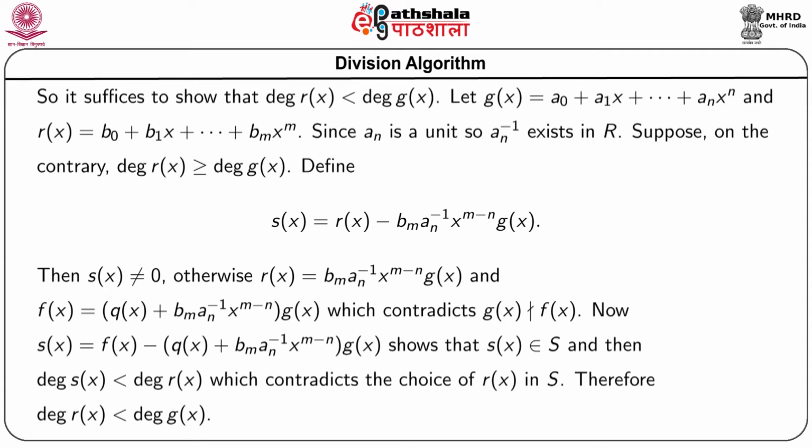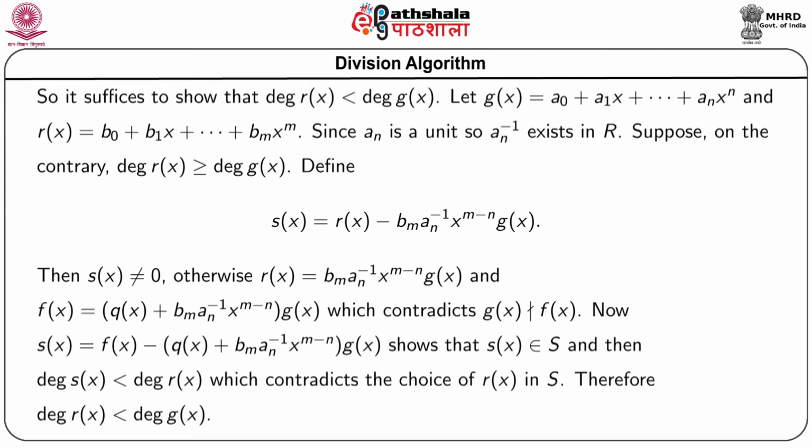So, S(x) is a non-zero polynomial, and S(x) equal to f(x) minus (q(x) plus b_m a_n inverse x to the power m minus n) into g(x) shows that S(x) has the prescribed form of the elements of S, that is f(x) plus some multiple of g(x).